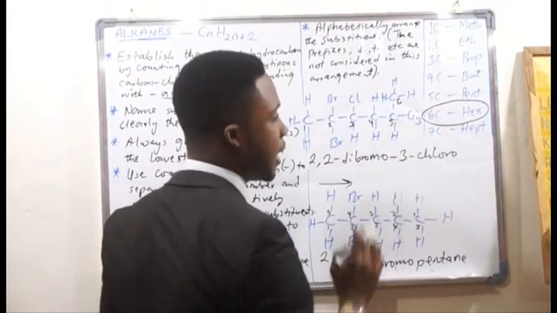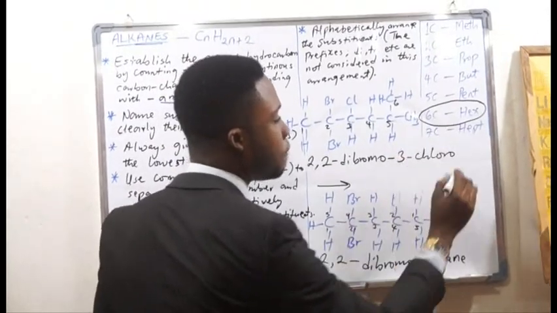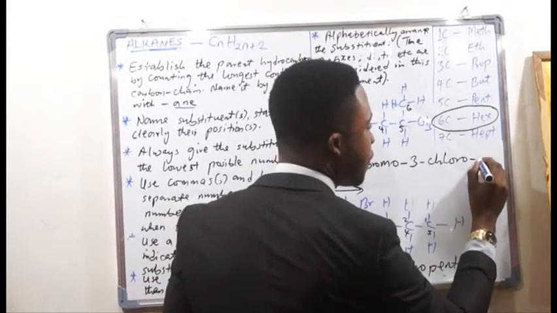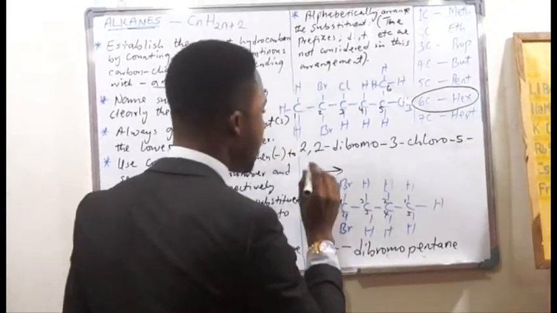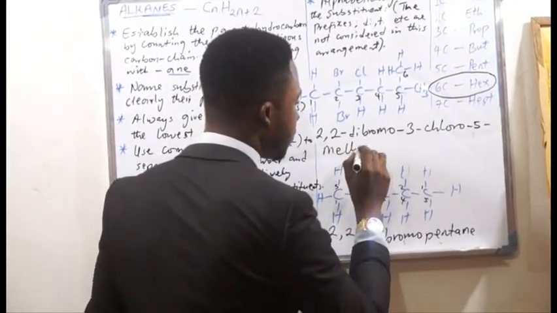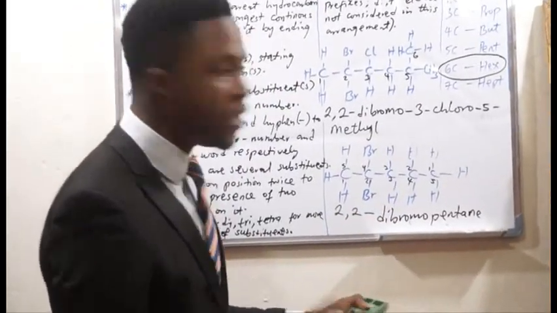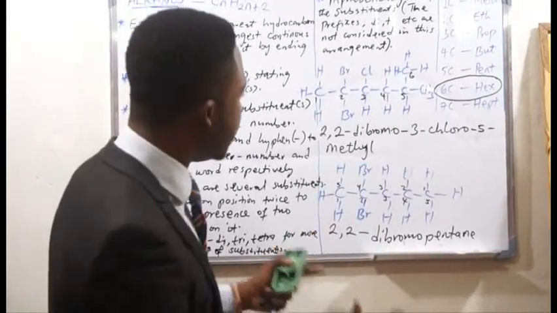Then we can indicate our methyl. 2, 2 dibromo, 3 chloro. Then at carbon 5, we have our 5 methyl. Is that the end of our substituents? Yes, of course, that's the end of substituents. We have just 3 types of substituents in this compound.